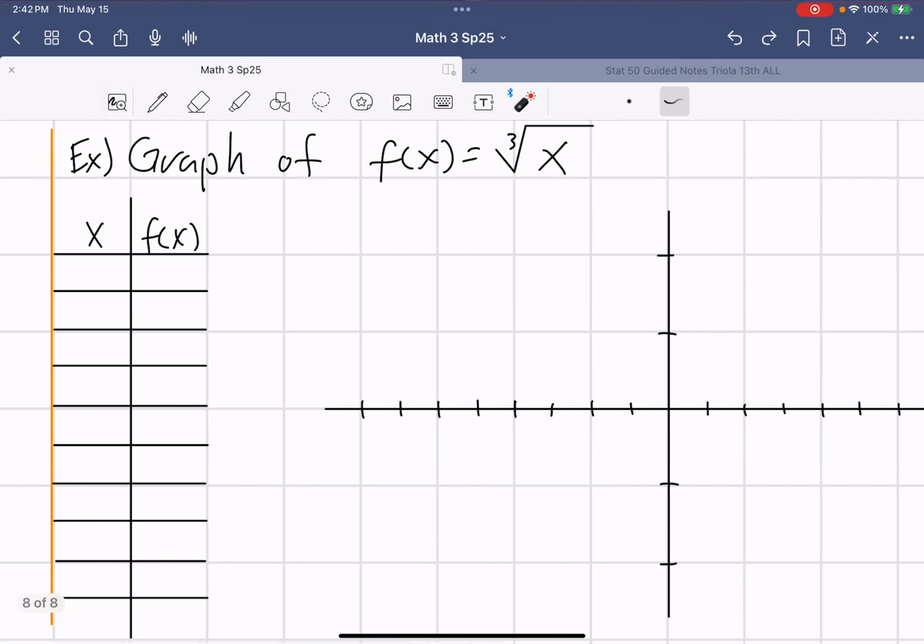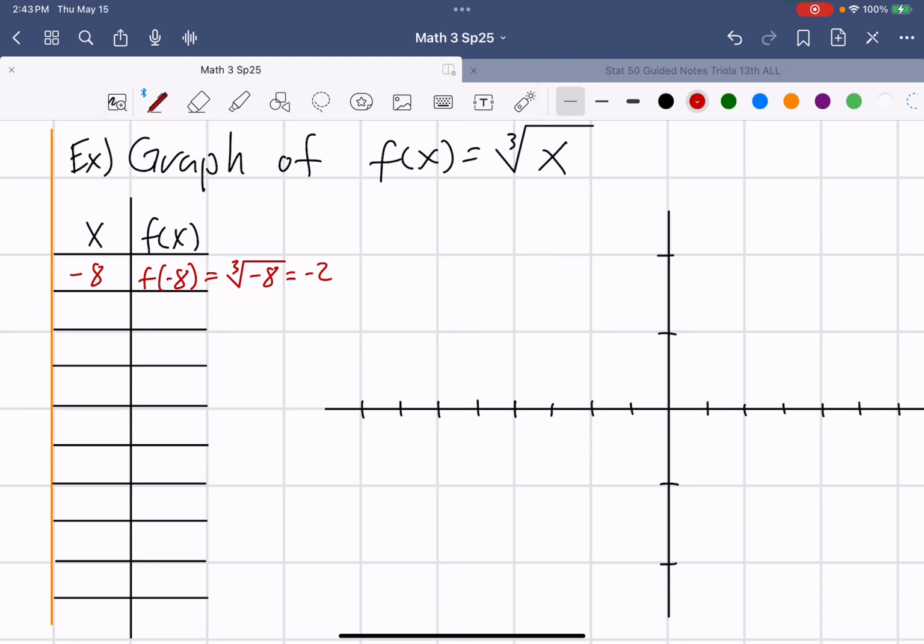And now looking at the cube root of x, remember this one, you could use negative numbers. So for example, we did the cube root of negative 8. If we do f of negative 8, the cube root of negative 8 is negative 2.